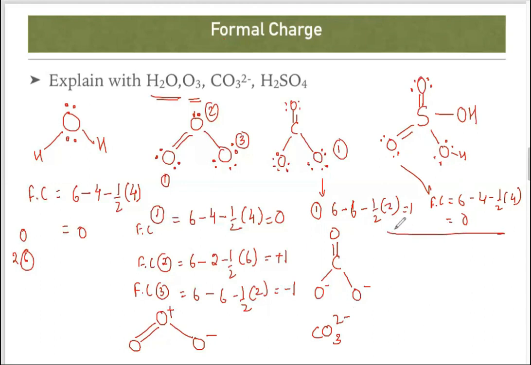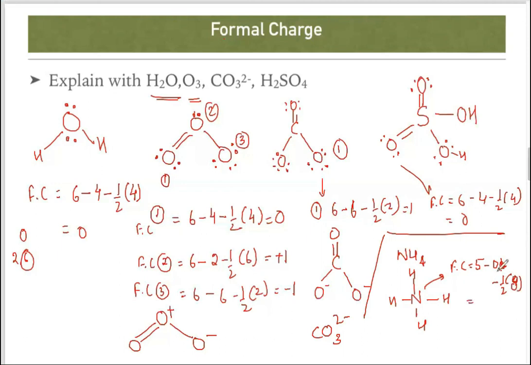You can try another example. For an example, you see that NH4. So what is the structure of NH4? Nitrogen with hydrogen, hydrogen, hydrogen, and hydrogen. Try this one. You will see that the formal charge Fc on nitrogen, as you already know, is 5 minus how many electrons are non-bonded, that is 0, minus 1 by 2, 1 2 3 4 into 2, that is 8.